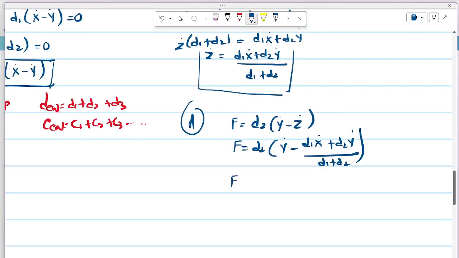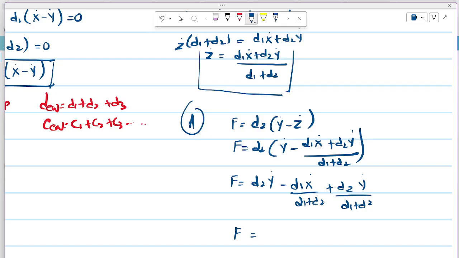So we can write it as F is equal to d2 ẏ minus d1 ẋ divided by d1 plus d2 plus d2 ẏ divided by d1 plus d2, and then we can take ẏ as common. So it will be equal to d2 plus d2 over d1 plus d2 times ẏ minus d1 ẋ divided by d1 plus d2. So that's what we have here.